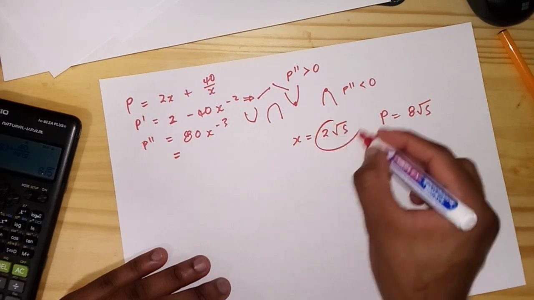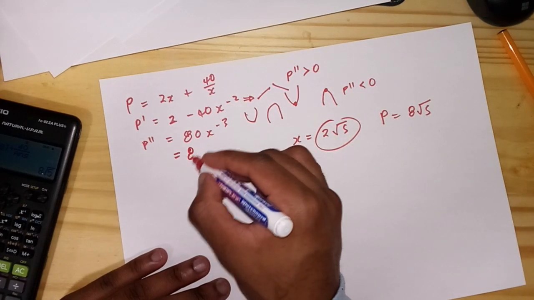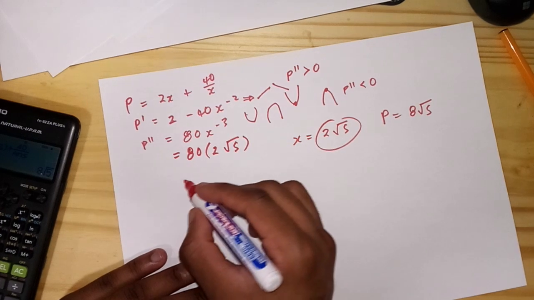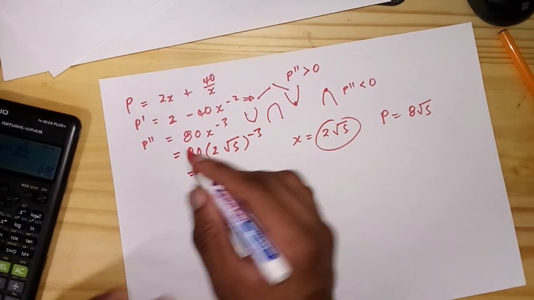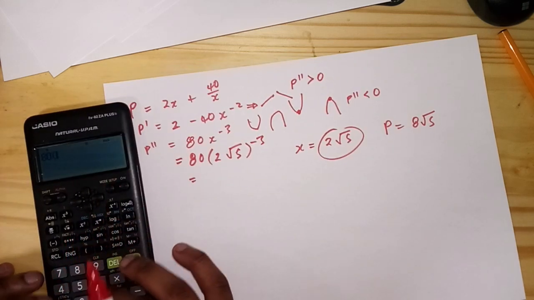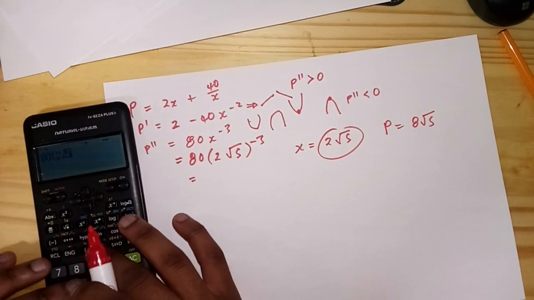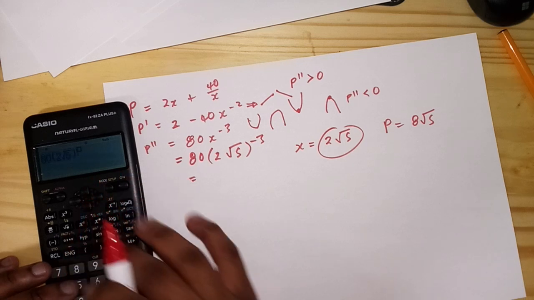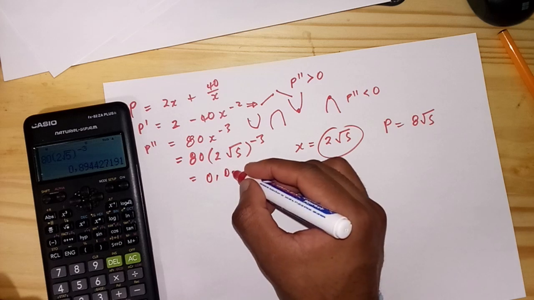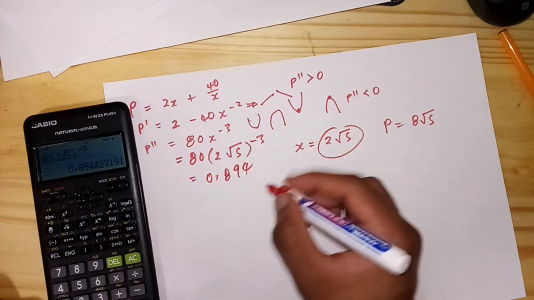So you take this particular value, place it over there, and say 80 times 2 root 5, all of that to the power minus 3, and your answer is 0.894.